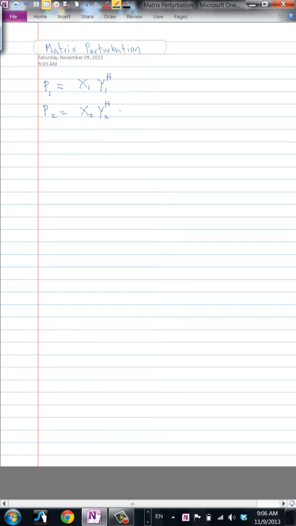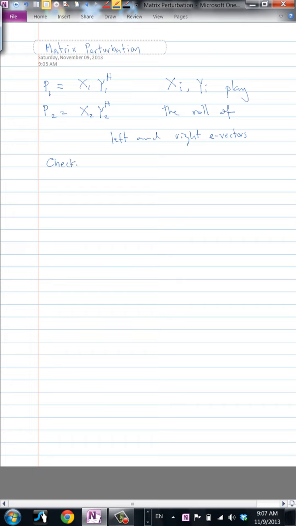So again, let's think about what x1, x2, y1, y2 are. Basically, the xi and the yi play the role of left and right eigenvectors. They may not be eigenvectors themselves because we don't know that we can decompose the space into one-dimensional invariant subspaces, but they play precisely the same role.